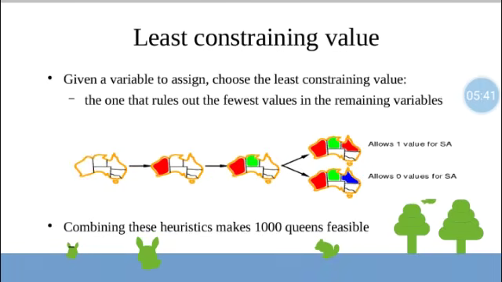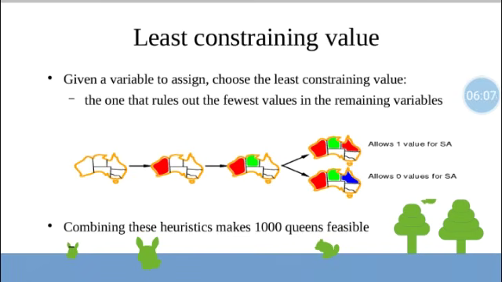We assign red to Western Australia. Then we have two options, blue and green. The second least constrained variable is Northern Territory, so we will assign green to the Northern Territory. Again we will have two branches. We have two options for Queensland: first you can give red and second you can give blue. So this is how it works.